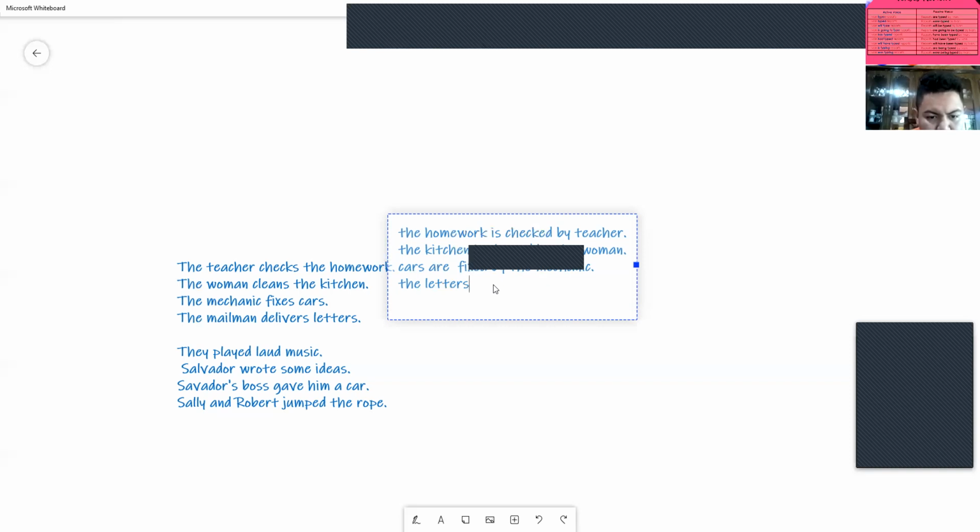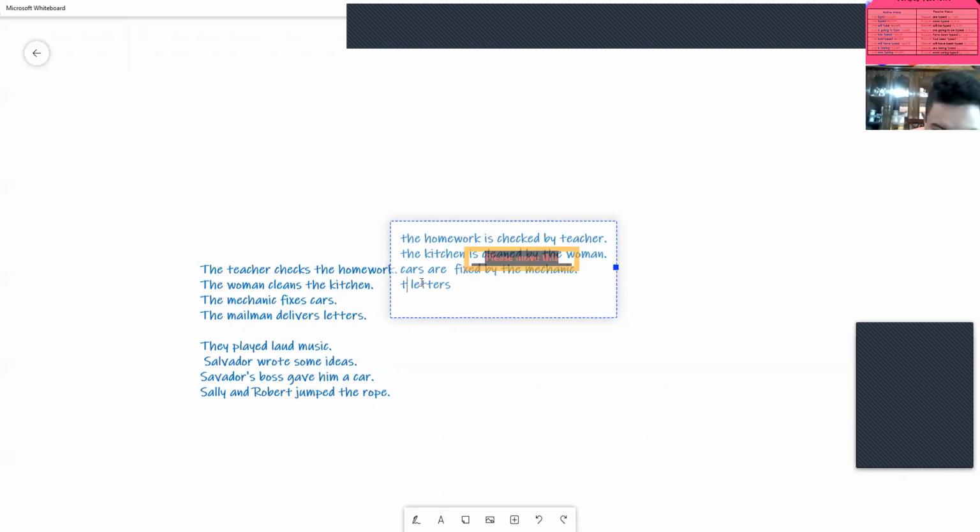So with letters, the article is not necessary. The is not present. Check the example: The mailman delivers the letters. No, "the" sería, letters, no más. Letters. Yes.